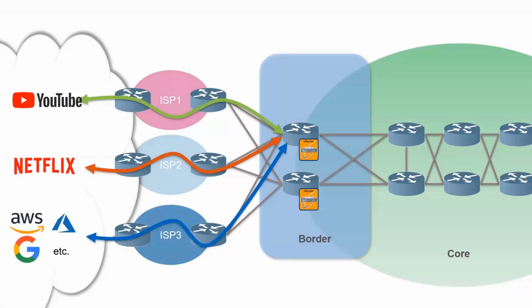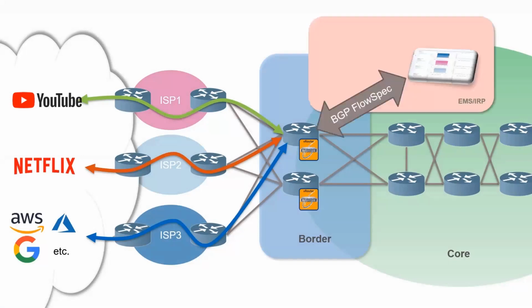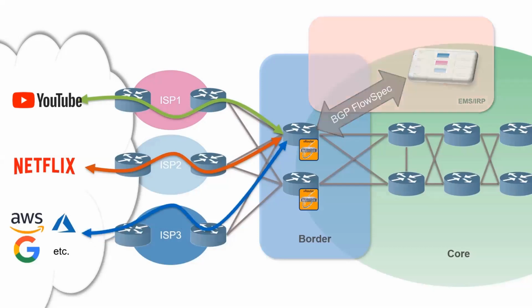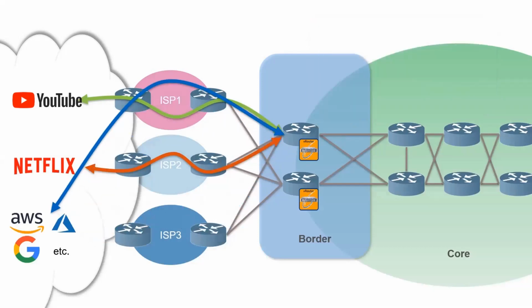At some point, the IRP detects that it is more optimal to reach the internet through ISP1 compared to the path that was originally selected by BGP. BGP FlowSpec is used to alter the RIB into the vRouter using policy-based routing. As a result, the traffic towards the internet starts flowing through ISP1.